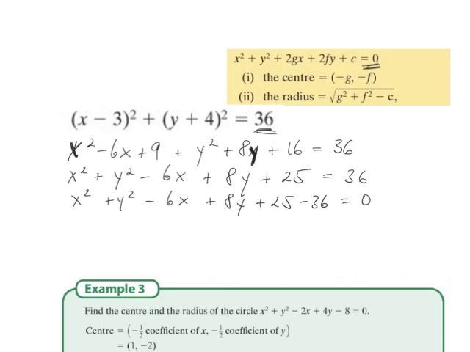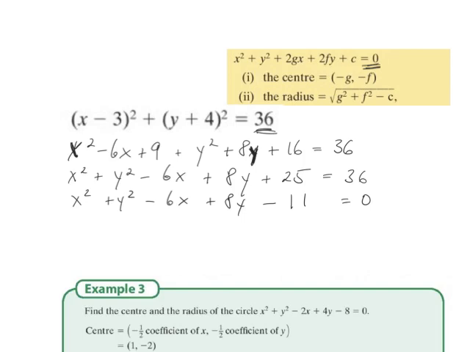And 25 minus 36 is minus 11. Okay, so now I have it in the form given above.